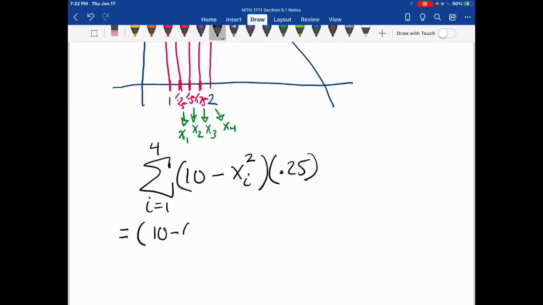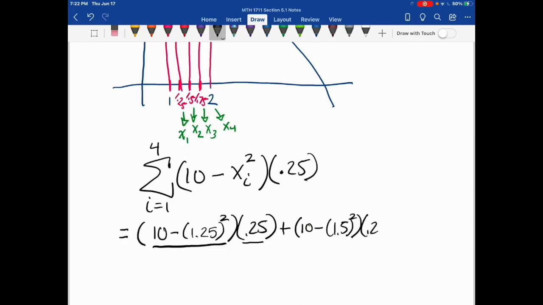So to write this out, I'm going to take 10 minus, and my first endpoint is 1.25. I'm going to plug that into the function and square it. So this is going to give me the first height of the first rectangle, and I'm going to multiply it by 0.25, which is the width of the rectangle. And then I'm going to add that, and then I'm going to go to i equals 2, and I'm going to repeat. So I'm going to do 10 minus, my second endpoint is going to be 1.5.